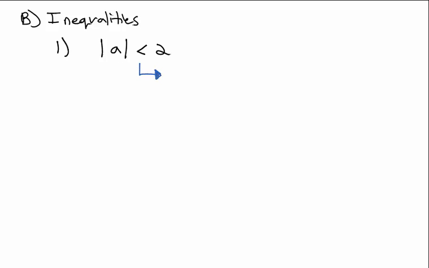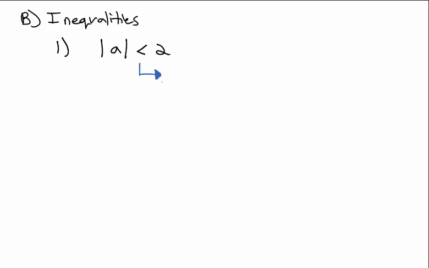A few more things to look at, though, when we're talking about inequalities. Let's kind of set this up by saying the absolute value of a number is less than 2. And I want to recall what this really means. A lot of the times we get distracted with absolute value by saying, make it positive.